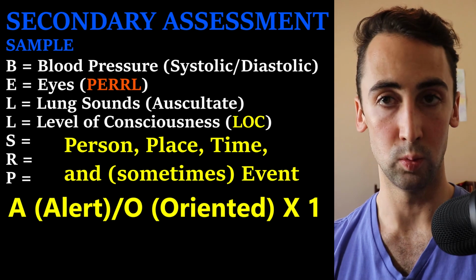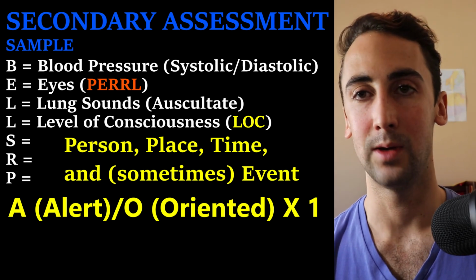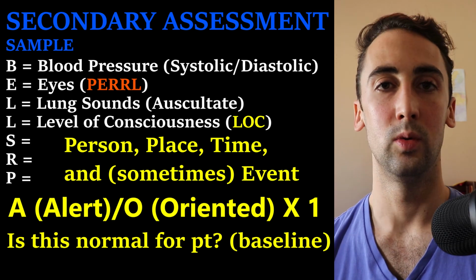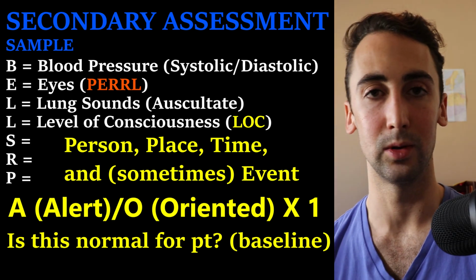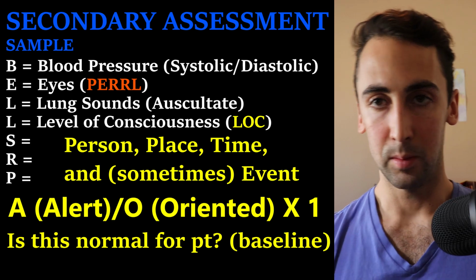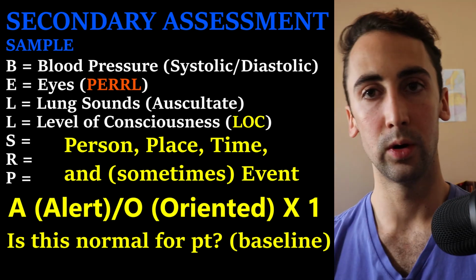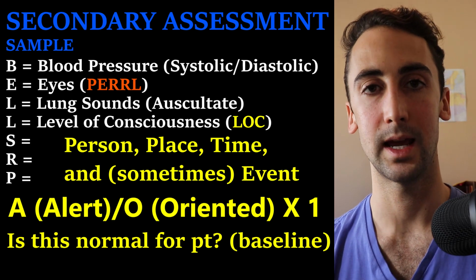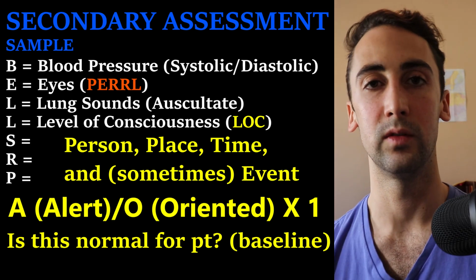That's gonna be A and O times 1. And then this is gonna go back to asking family, is this normal? Sometimes patients with dementia will not really know where they are. They're gonna be a little more confused, but we need to ask family and say, is that something new? Or are they at their baseline right now, is what we say. Are they at their normal baseline level of consciousness?